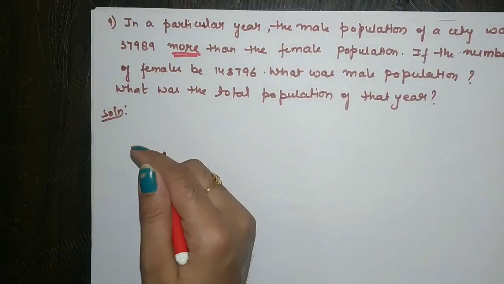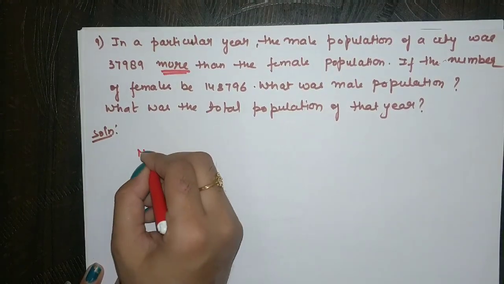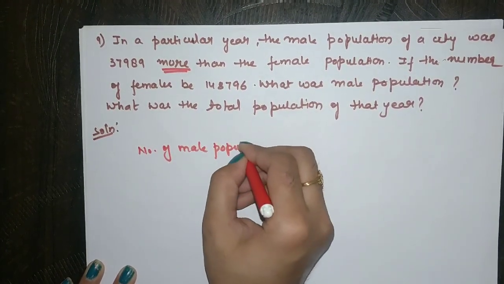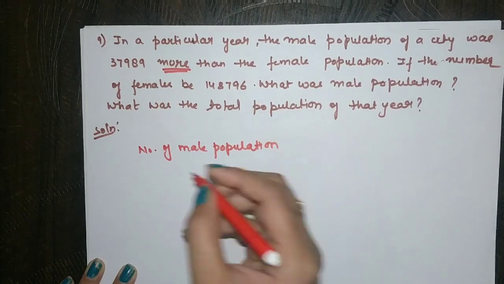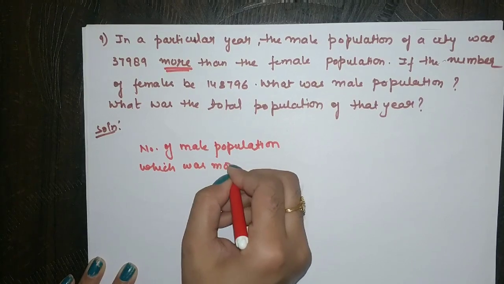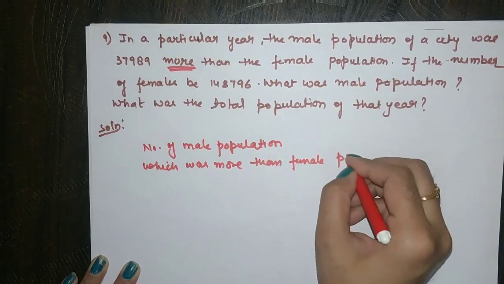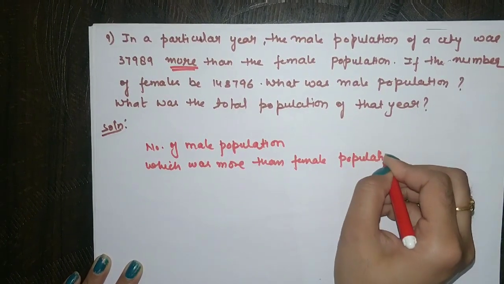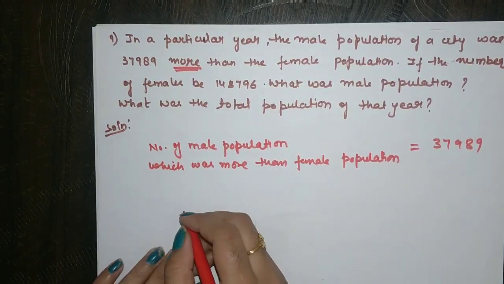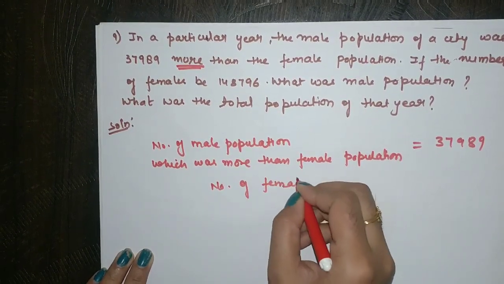How will we write? For example, number of male population which was more than female population. How much? 37,989. Number of female population, 148,796.